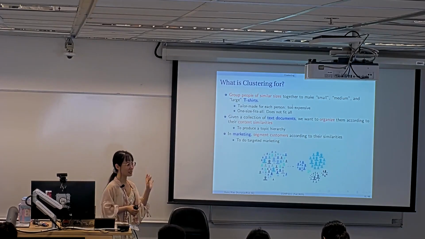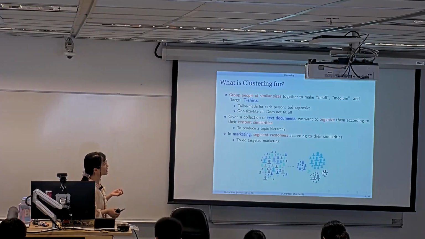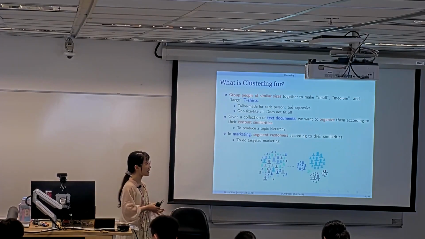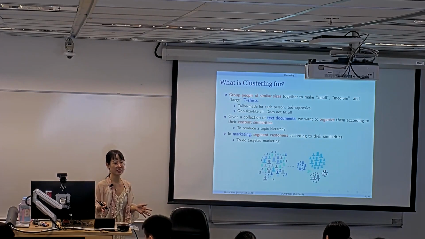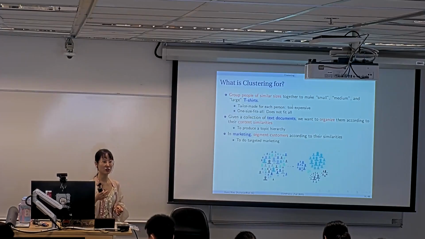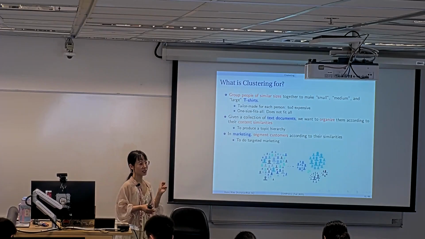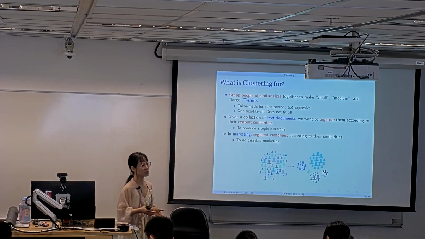So basically this is already the idea of clustering. In the clothes industry, they try to group the people of similar sizes together to make small, medium, and large t-shirts. They use the statistics of the different groups of people to make all these t-shirts. Of course, we have to do this because we know tailor-made clothes for each person are too expensive, right?